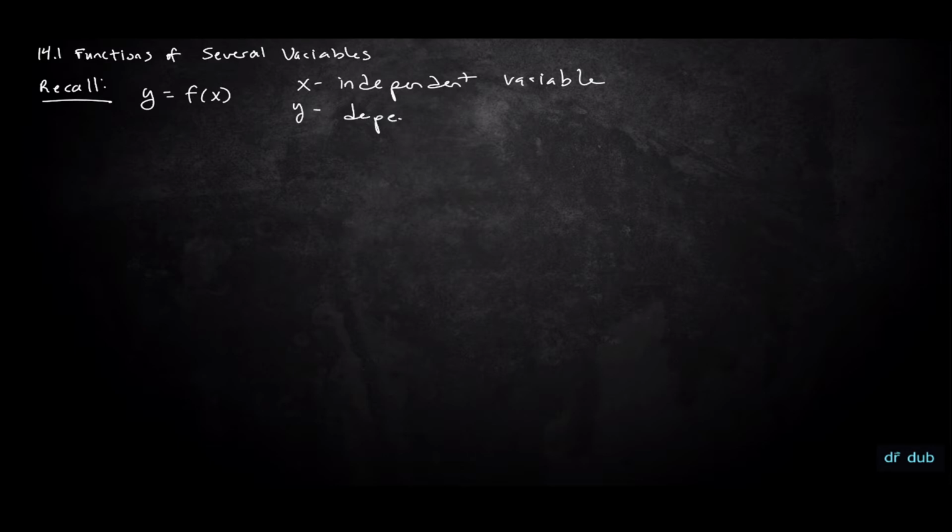So recall in single variable calculus and pre-calculus, we had something like y equals f of x, and x was the independent variable. y is called the dependent variable.